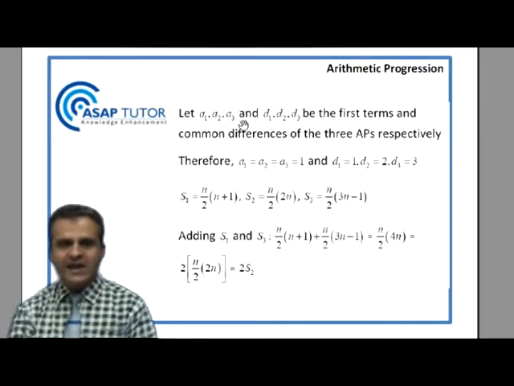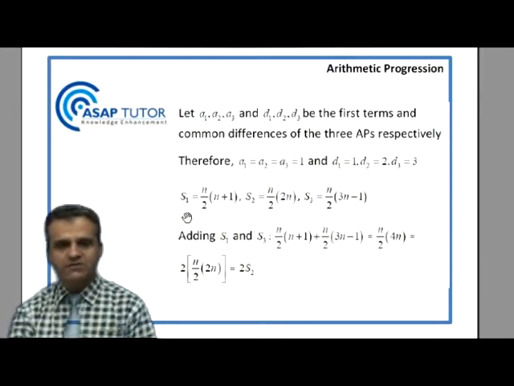Now let A1, A2, A3 and D1, D2, D3 be the first terms and the common differences of the three APs. The first term, it's already given, it's 1 for all the APs, so A1, A2, A3 is equal to 1. The common difference of the first is 1, second is 2, the third is 3.